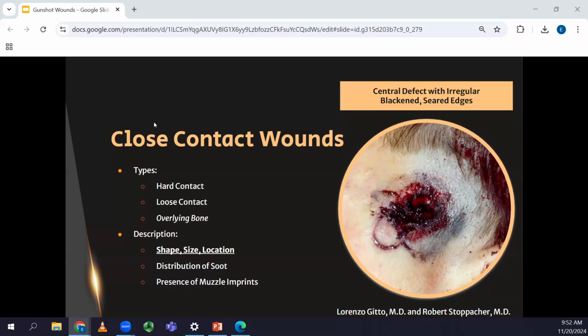Everything else is absolutely correct. You have a central defect and you see the blackened seared edges, which is what you're describing as soot. Yeah, as long as you know it's soot. If you wipe it away and you know it's soot, say soot. You document that like on an airway exam for a patient who came in, peri-intubation, you'd say that you see soot in the airway. So that's fine. If you see seared hair, document that you see seared hair.